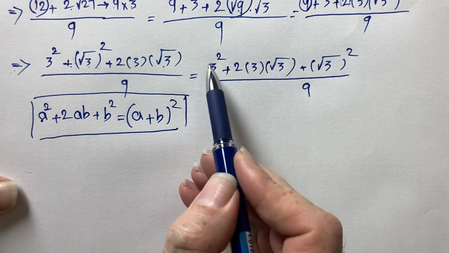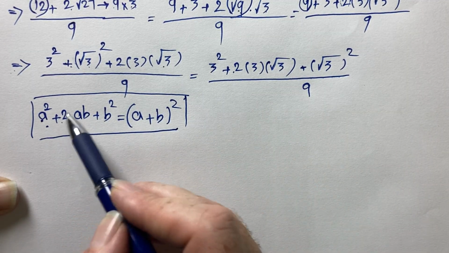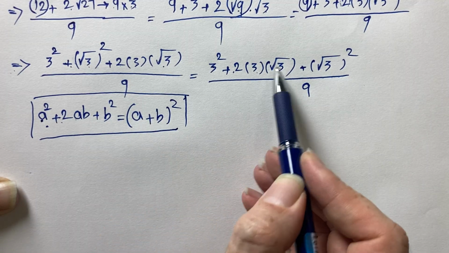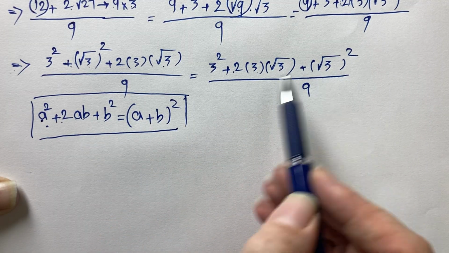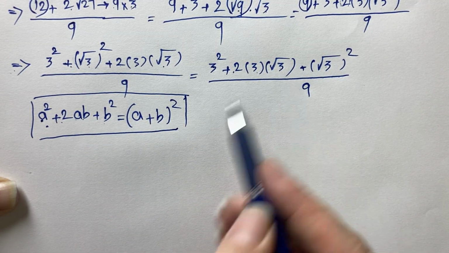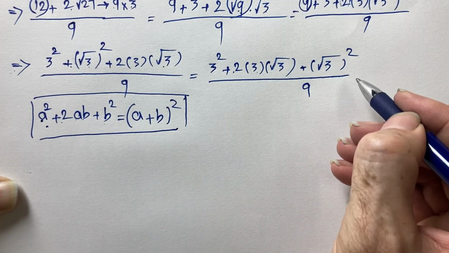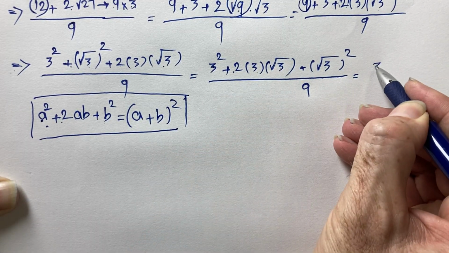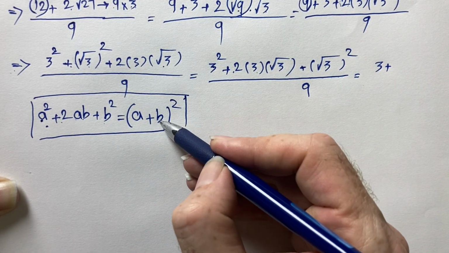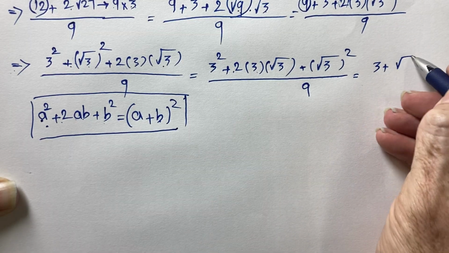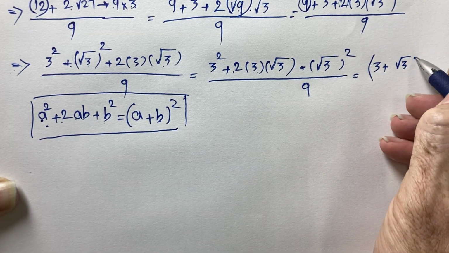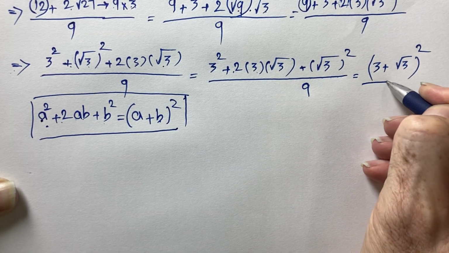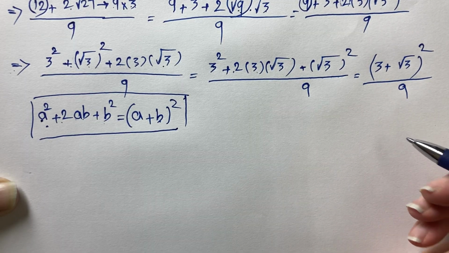Look, first term squared, twice product of the first term and second term, plus second term squared. So it is going to be first term 3 plus second term square root of 3, to the power of 2 over 9.